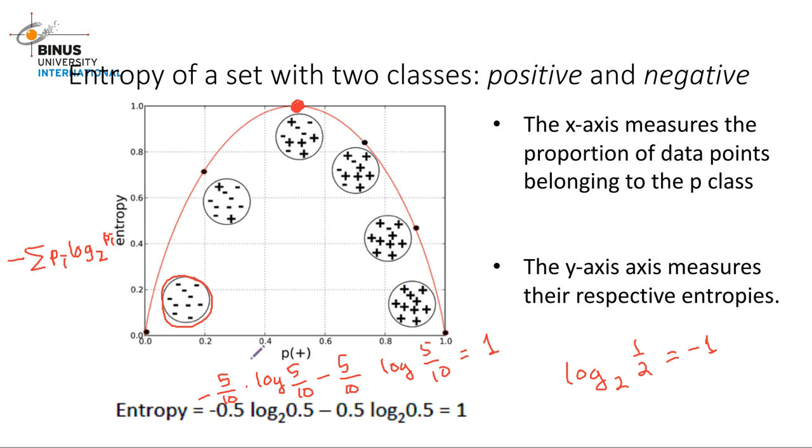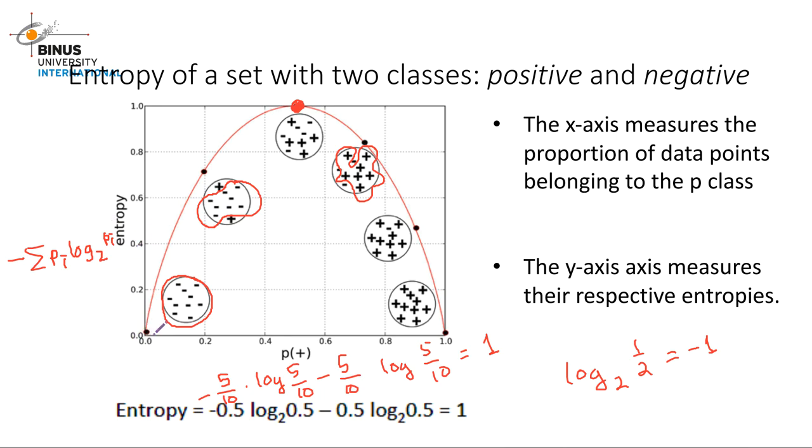The higher entropy means that the proportion of one class is bigger than the other class. But the smaller entropy means the more homogeneous your data.